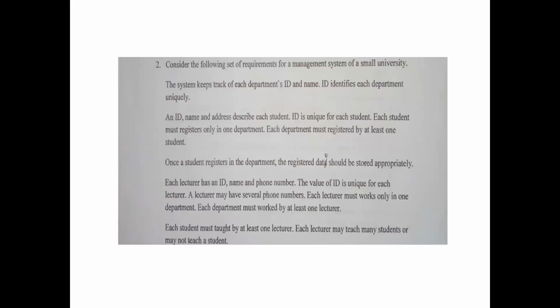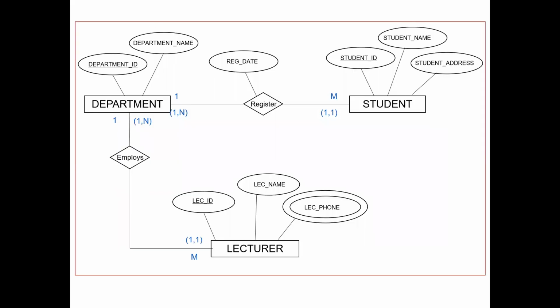Therefore, the relationship here is one to many. And it will be represented in this way. And the cardinalities will be 1 and n in the department side, where the department can have minimum 1 to maximum any number of lecturers, as well as both minimum and maximum 1 at the lecturer side.